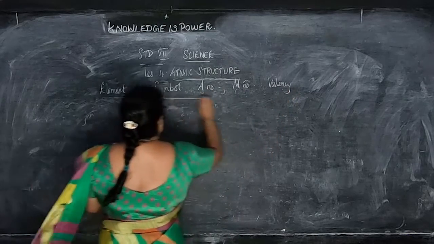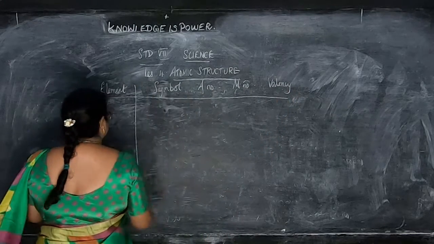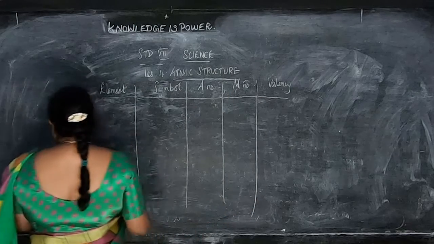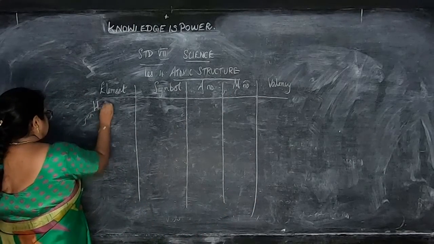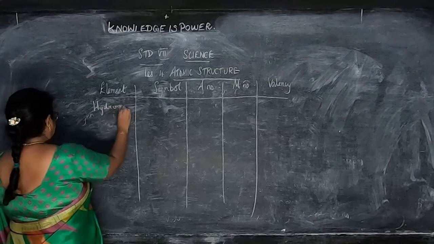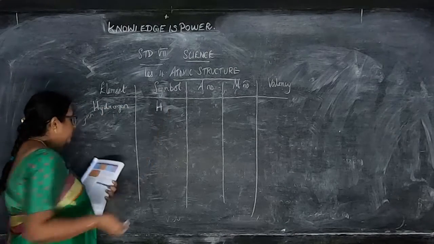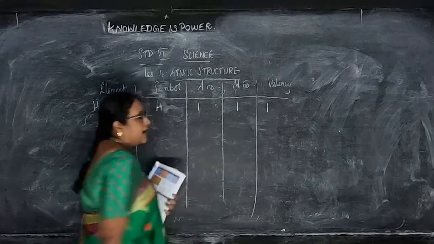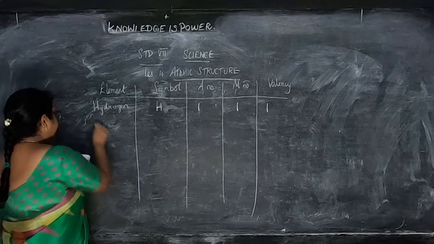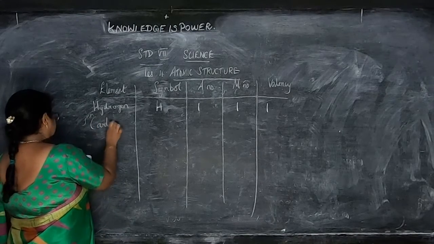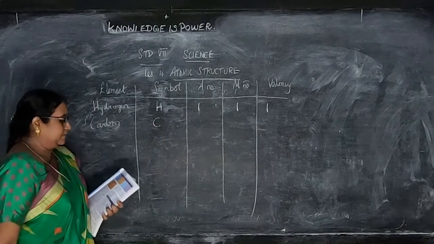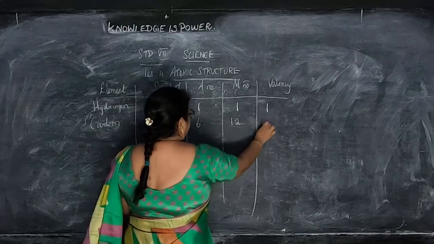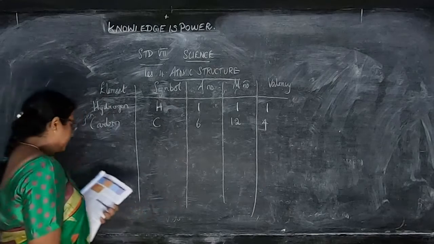So first we'll see hydrogen. What will be the symbol? Yes, H. What will be the atomic number? 1, mass number 1 and the valency 1. Next is carbon and the symbol is C. Atomic number is 6, mass number is 12 and valency is 4.